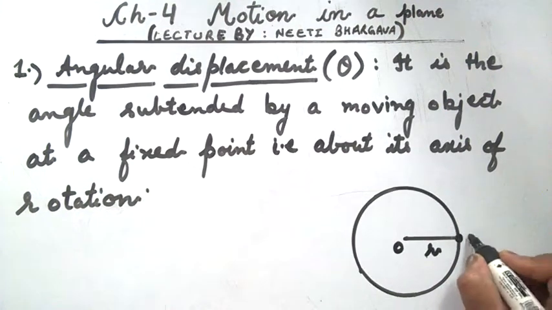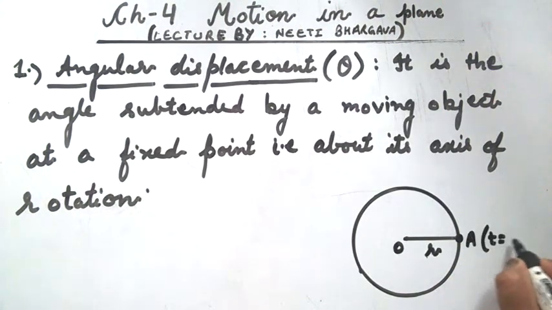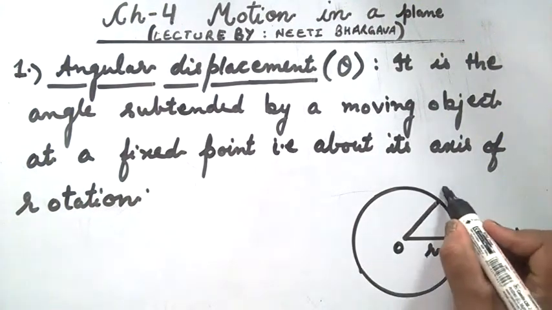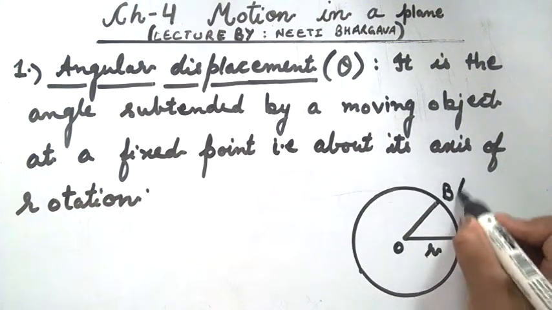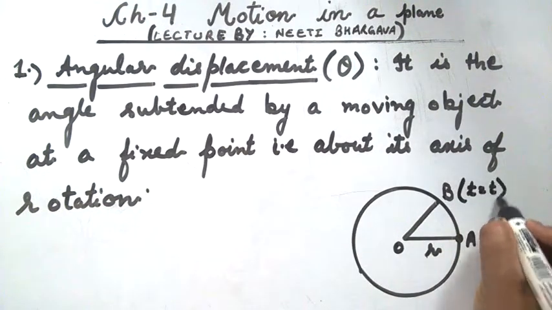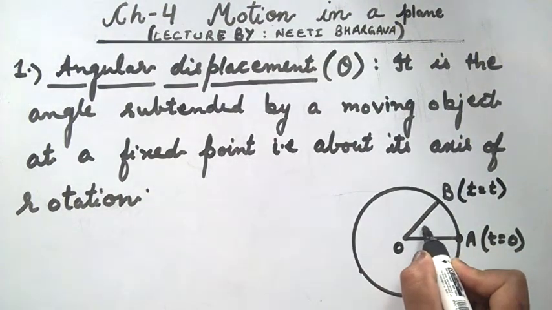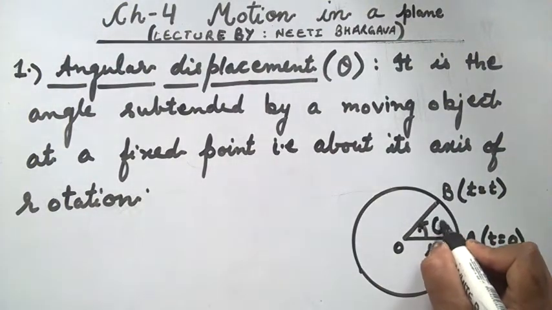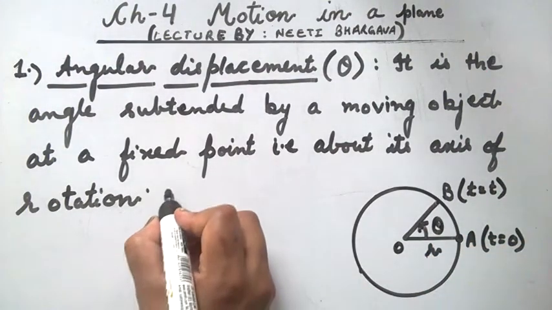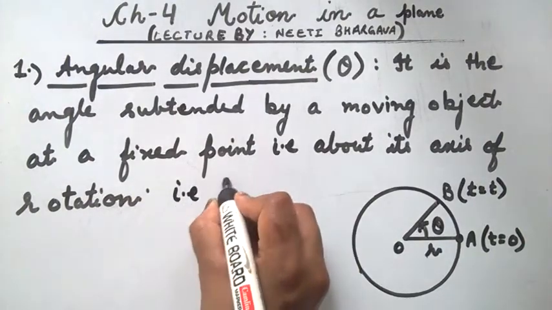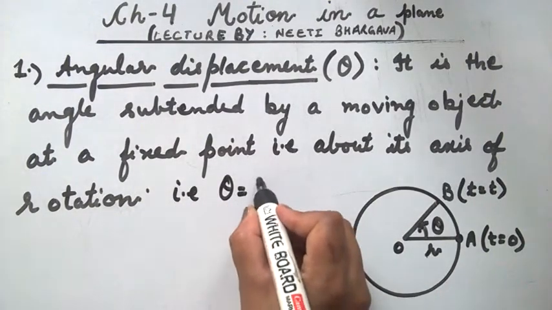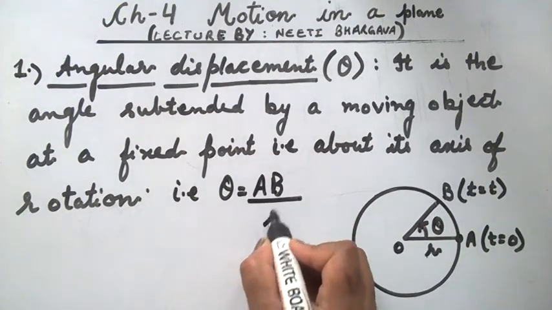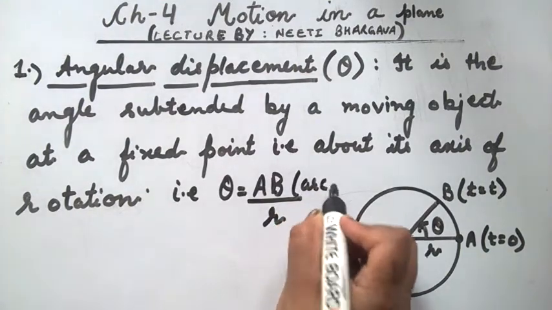It is at position A at time t equal to 0, and as the time passes, that is at time t, it is at position B. Thus the angle subtended by the whole path is angular displacement, and theta is equal to total displacement upon radius, that is arc by radius.